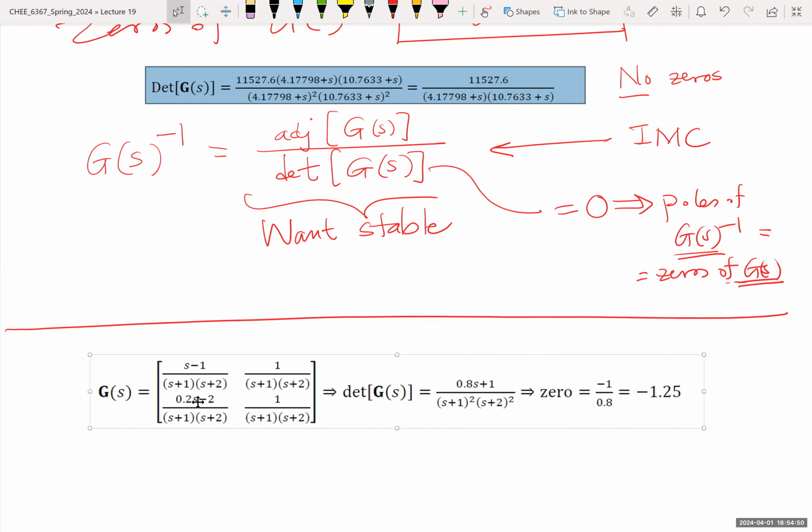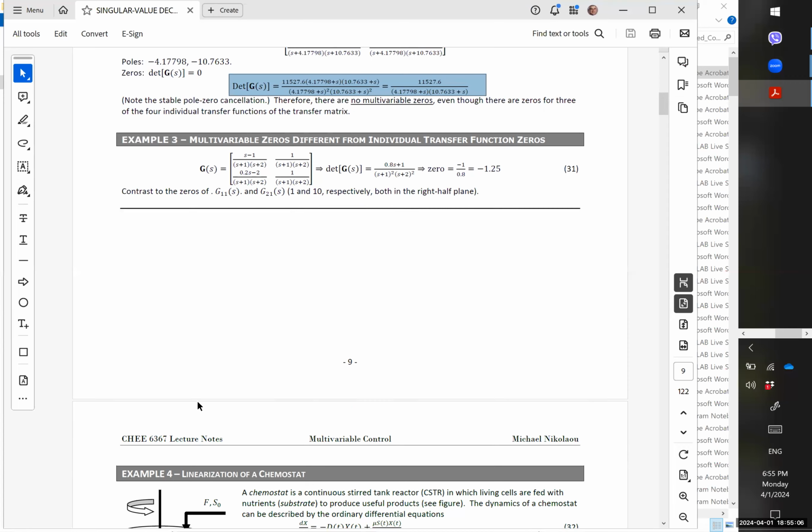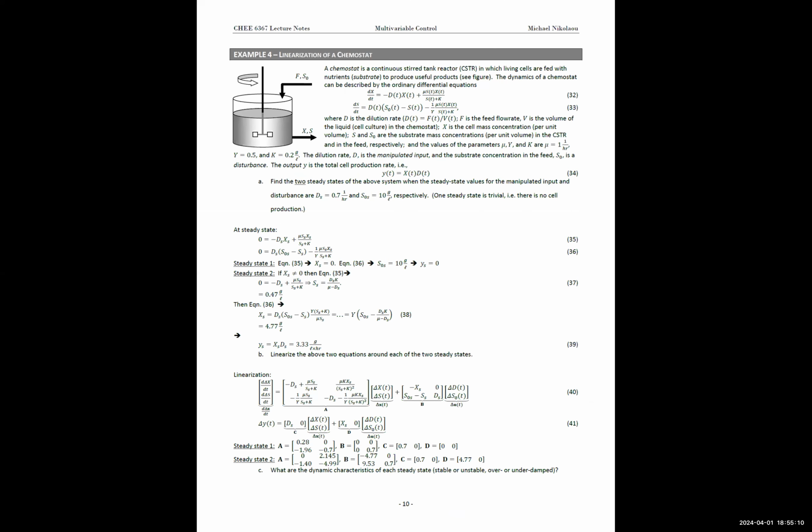So with that, I'll just mention that example 4, which I'm going to leave as a homework problem not to hand in, is also a worked example which shows you the exact same procedure applied to a system from the biochemical field. You see here this biochemical reactor, it's called a chemostat.